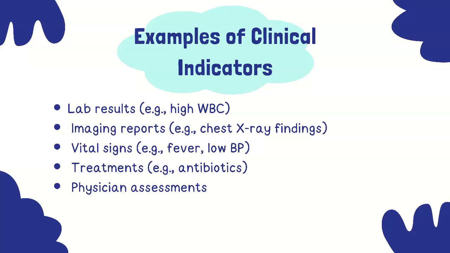But let me just give another disclaimer. Just because you see somebody is on insulin or was given insulin doesn't mean that they're diabetic. In fact, the coding guidelines state insulin given to temporarily control a patient's blood sugar doesn't mean the patient has diabetes.